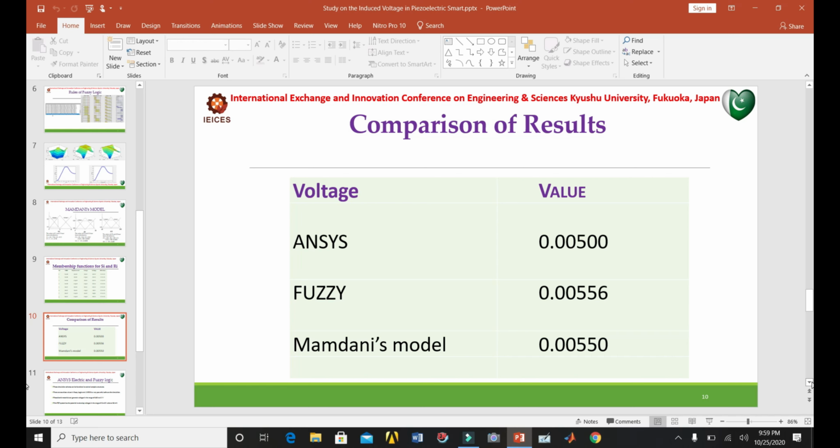Simulation with both software is an alternative method to find decent results, and simulation is always needed to study the results before fabrication, because fabrication is high cost. There are countless values in fuzzy logic, and ANSYS is a very powerful software for simulation. In this research, I have found alternative techniques to discover the value of induced potential difference. The variance is just 0.005 volts between the two simulation techniques, and there is almost no difference between fuzzy and Mamdani values.